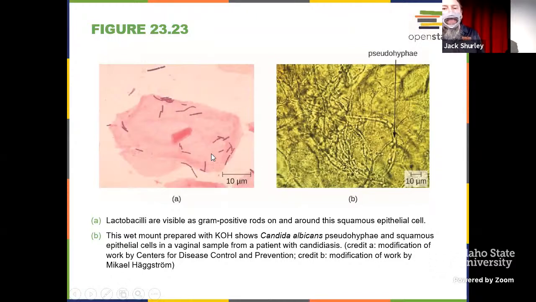So we've got lactobacilli, these little rods, gram-positive rods, and we've got an epithelial cell. There's a couple of them that are out of the frame, but one big one right here, all right? So epithelial cell and lots of lactobacilli, that's not bad news, all right?